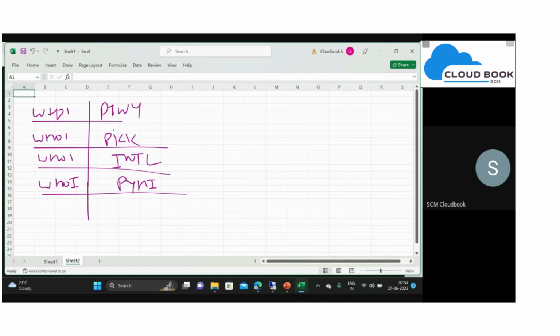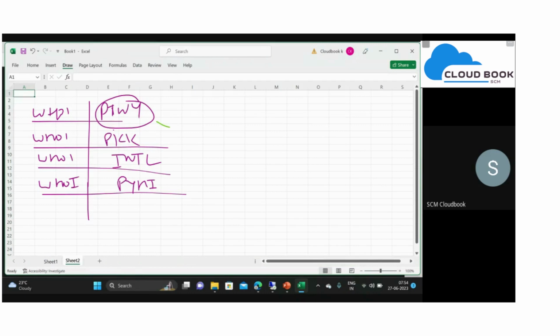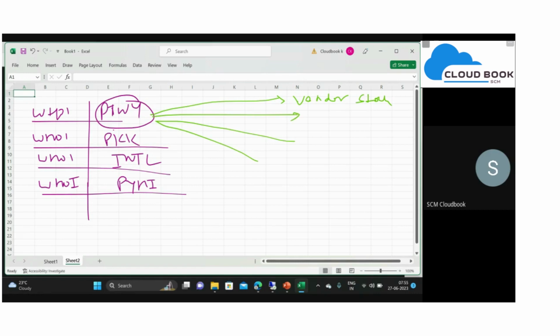Now, dividing these activities means, if I talk about only the put away over here, how many different types of put away can we do in the warehouse? There can be many. One is basically put away against the vendor stock, put away against the customer return, put away against the STO, intercompany or intra-company, or storage location to storage location transfer.